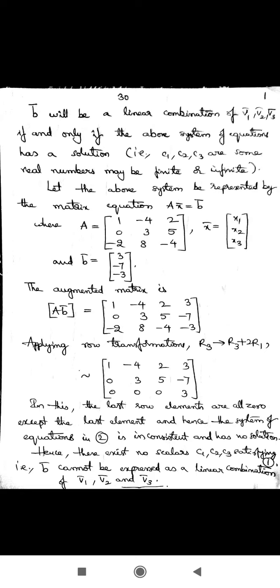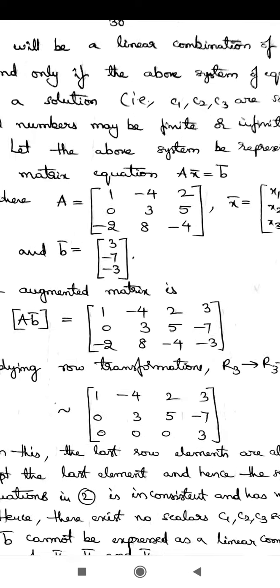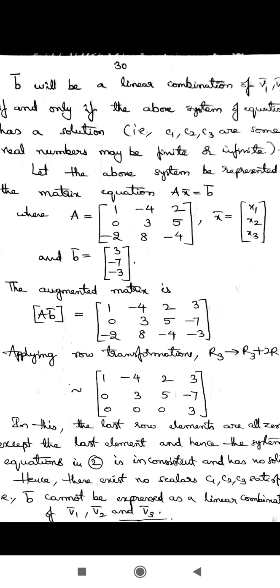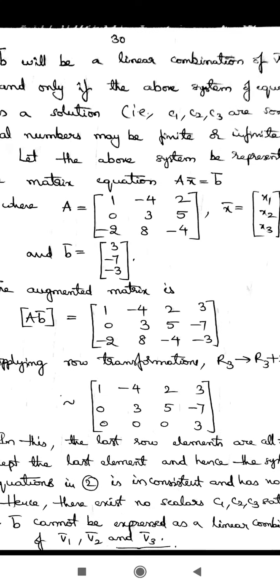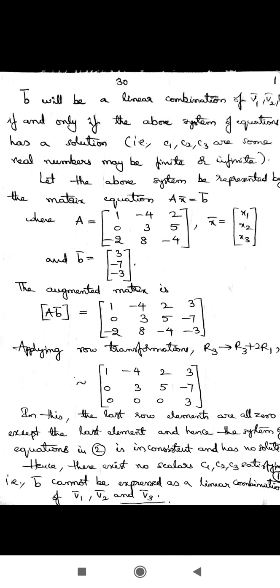For this, we can understand by the remark that c1, c2, c3 may have some numbers, or even all of them being 0 can be considered a solution, or c1, c2, c3 having a unique solution, or infinitely many values for c1, c2, c3.